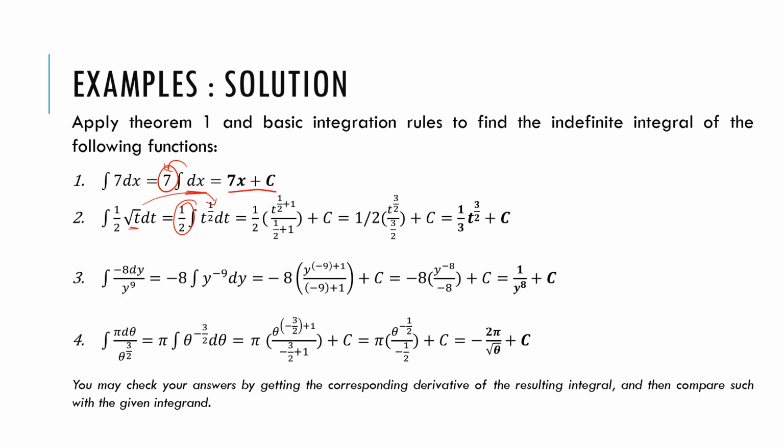So we will use the power rule, and we will get 1/3 t raised to 3 halves plus c. Next, number 3. In isolation negative 8, then using the power rule, we will get the answer plus c.